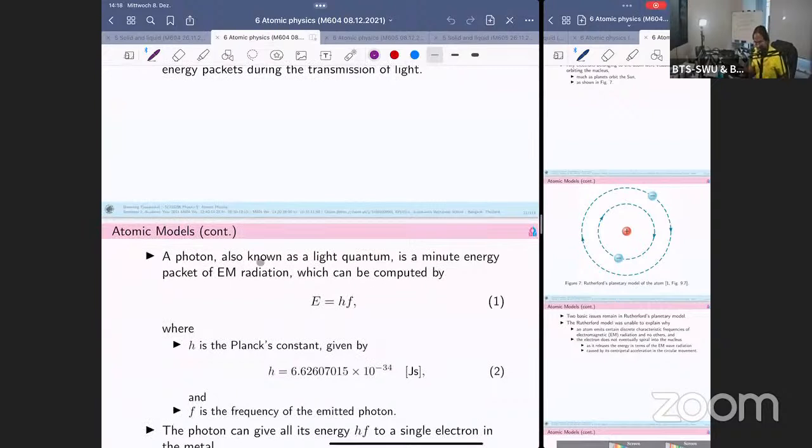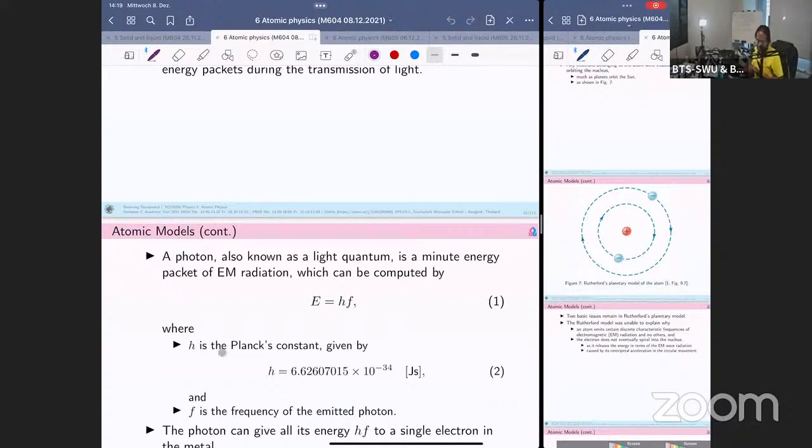Photon is used to represent the light quantum, the packet of energy in the light, a small energy packet of the electromagnetic radiation. The relation of the energy was developed by Max Planck: energy is equal to a constant times the frequency of the light.